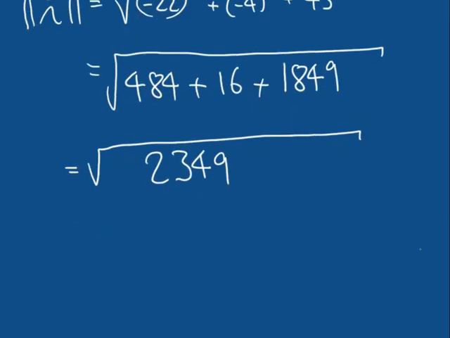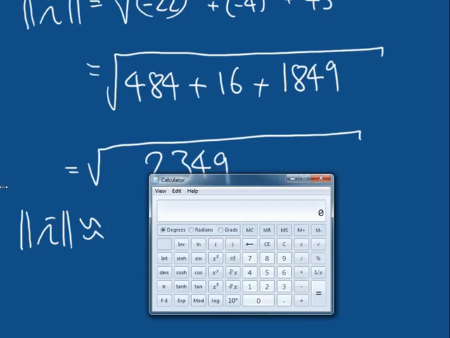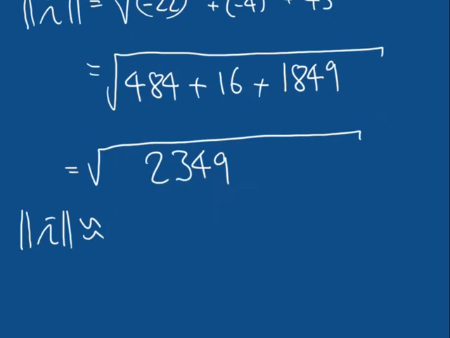Which means the length of our vector is approximately equal to, using our calculator, the square root of 2,349, which is approximately 48.466 units.